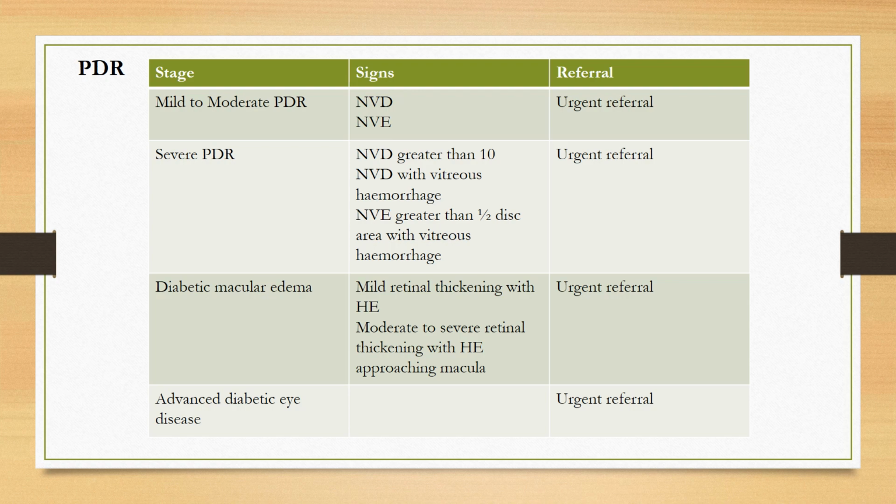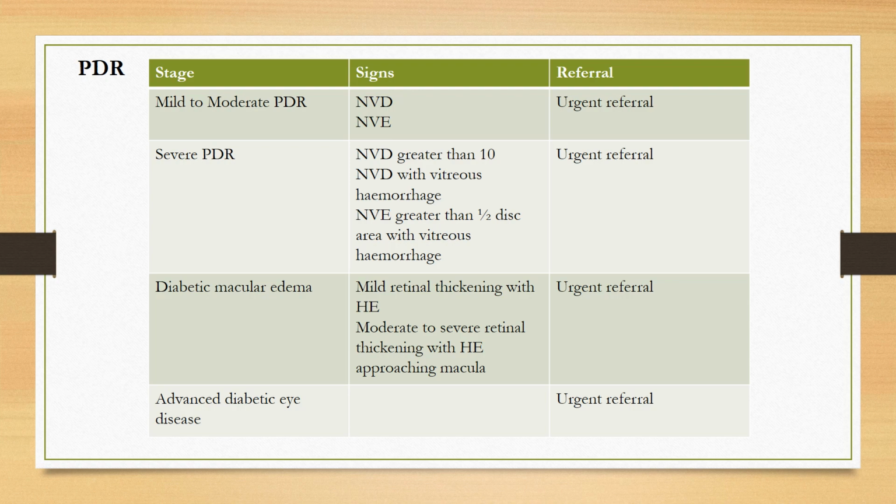eye disease. Okay, so in case of mild to moderate, what you see is neovascularization at the disc and neovascularization elsewhere at the periphery, other than the macula. So whenever you see proliferative diabetic retinopathy, you will need urgent treatment.